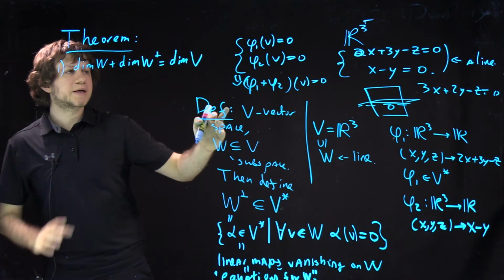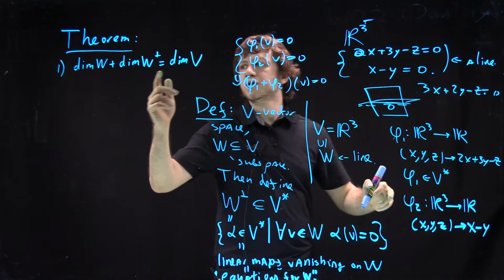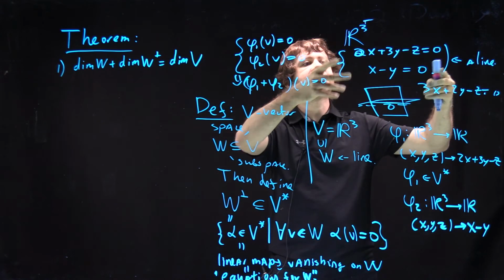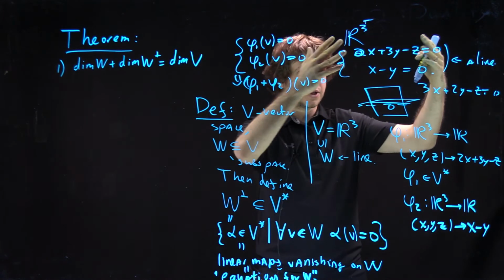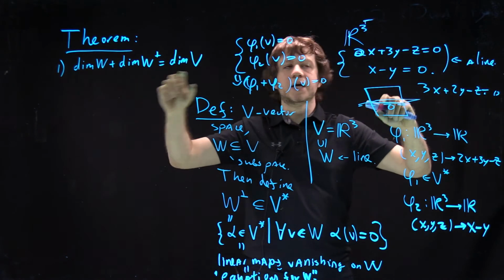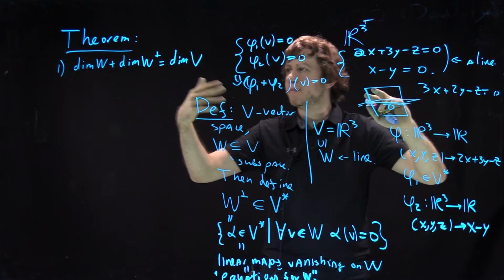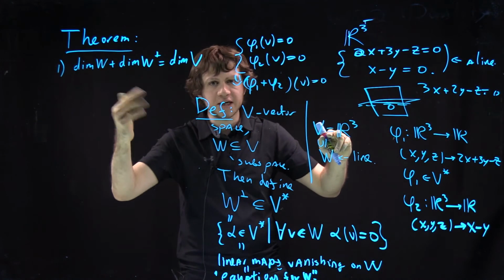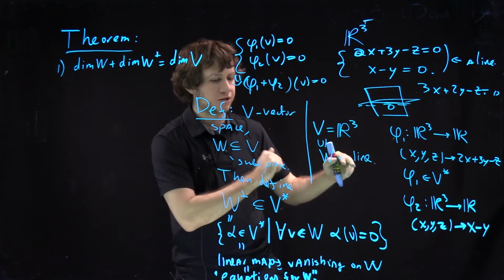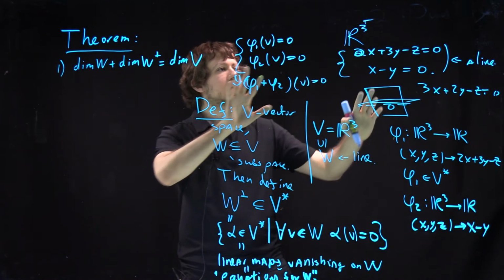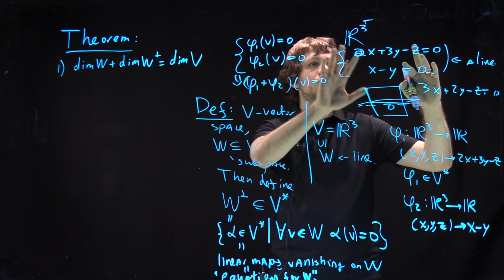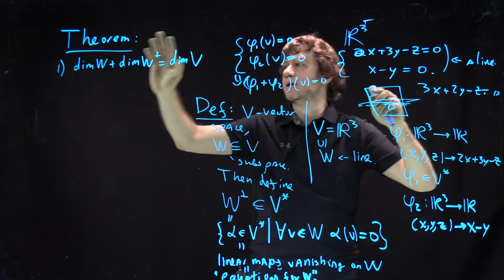And in particular, it tells us that if you want to know how many solutions this system of equations has, you need to take these equations and see what is the dimension of the subspace they generate in the space of all linear equations. So this tells you the relation between equations and solutions.